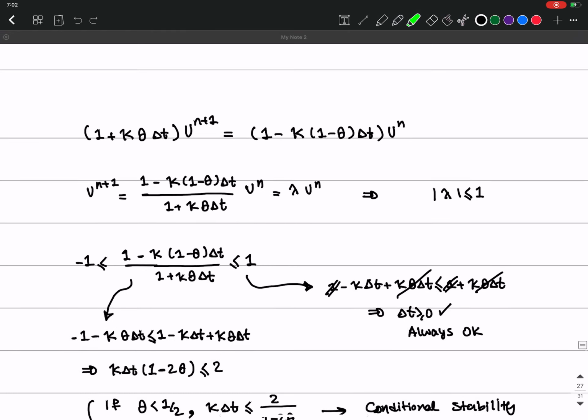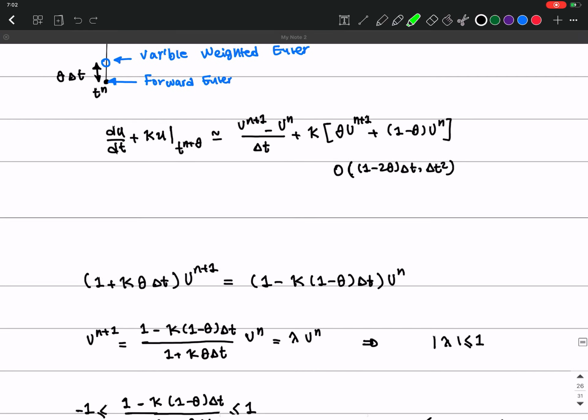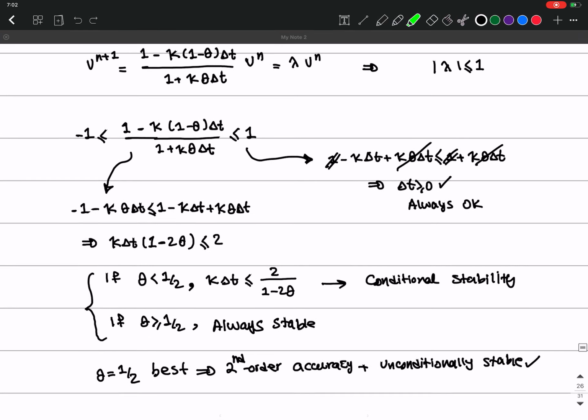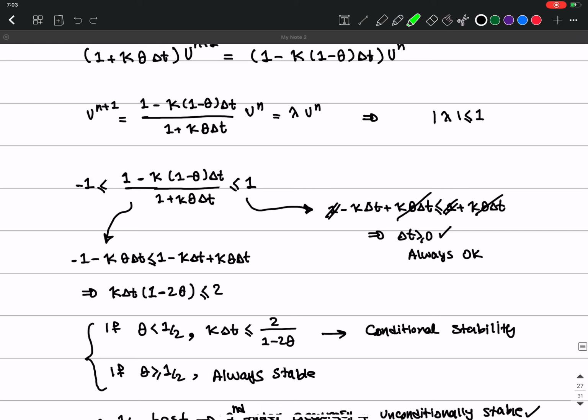Based on the definition of this variable weighting method, we found this is going to be the lambda of that, and we used the stability criteria for these initial value problems, which is this one. The right one just gave us a trivial condition, which is delta t is greater or equal to 0. And the left one gave us this criteria.